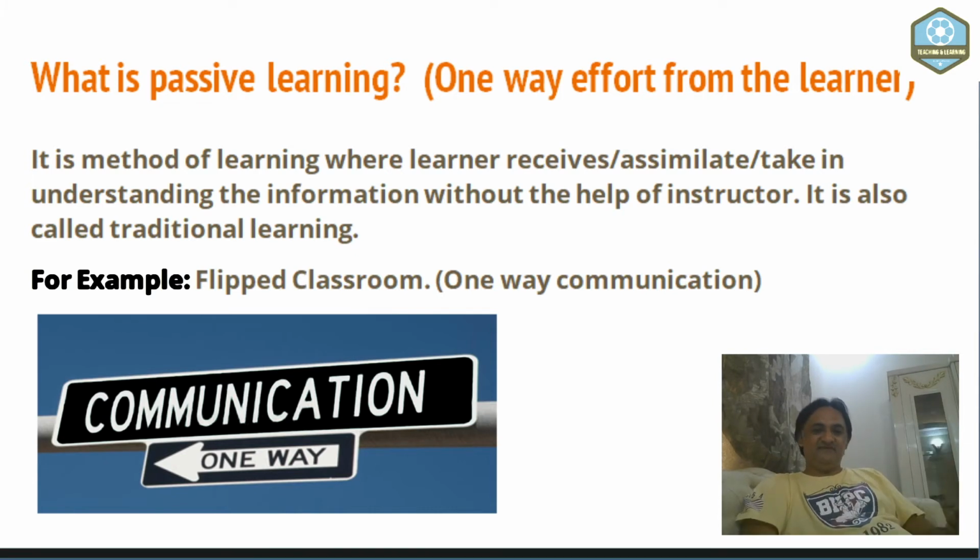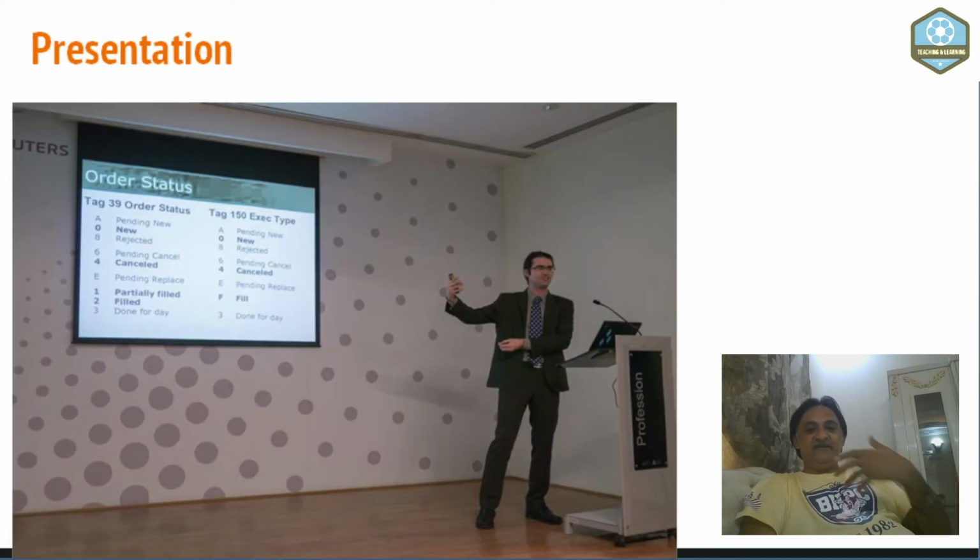So let's see some types of passive learning. When you are receiving information, somebody is presenting it, you are just receiving, and then your brain starts analyzing. So a presentation is passive learning.